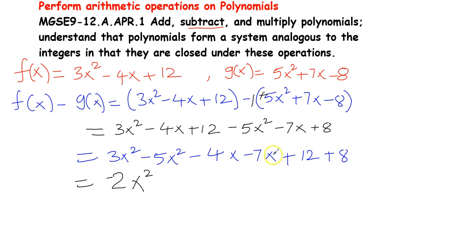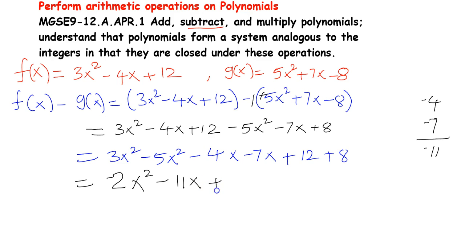Minus 4x and minus 7x, like negative 4 and negative 7 put together gives you negative 11. Just add those two numbers because the signs are same. Add them and copy the same sign. That is negative 11 and x. Don't do anything to the exponents. X square just remains as x square.